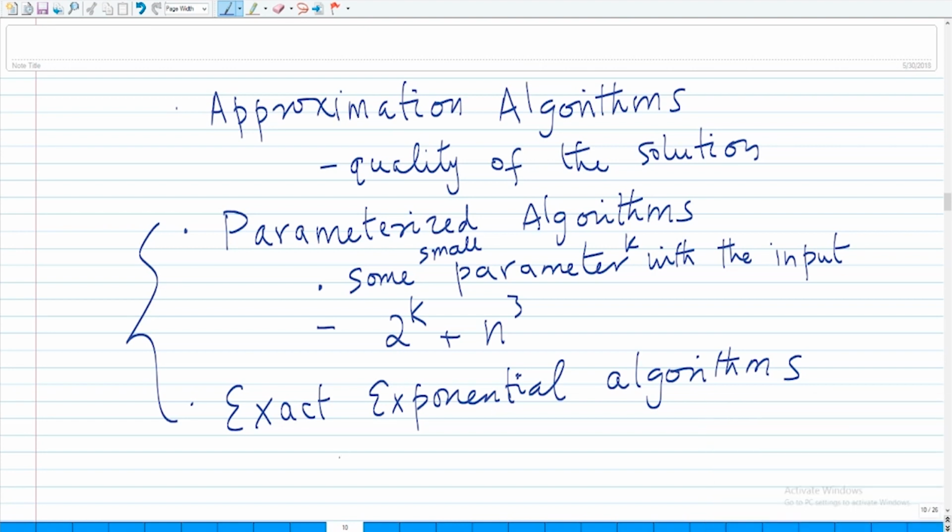There is n factorial, there is 2 power n, there is 1.3 power n, there is 2 power square root of n, all of these are non-polynomial. But 2 power square root of n would be better than 2 power n, 2 power n would be better than n factorial, 1.3 power n would be better than 2 power n. So, I live in the exponential world, I know that these problems are hard, so I have to get only an exponential algorithm, but can I get a better exponential algorithm? Okay. So, this is the area of work in exact exponential algorithms.